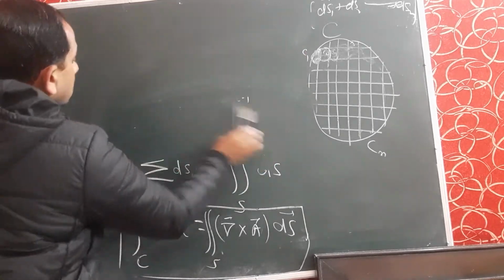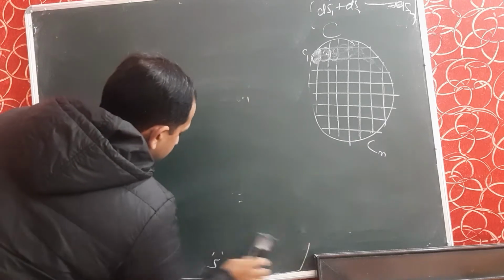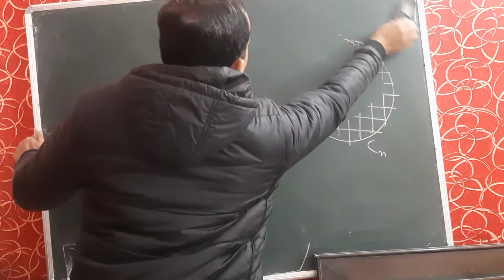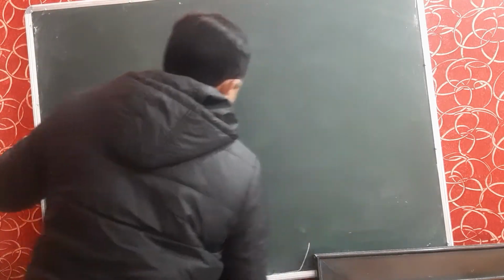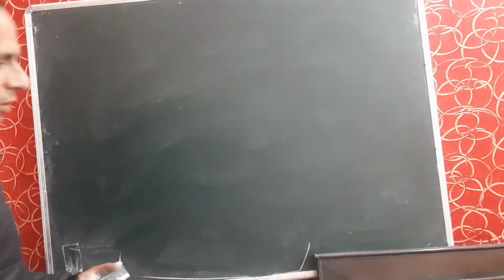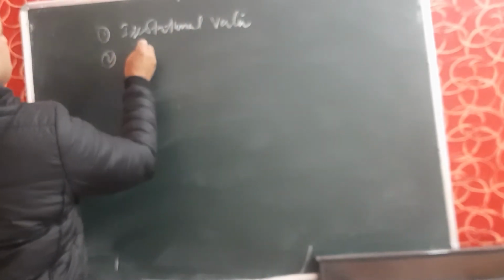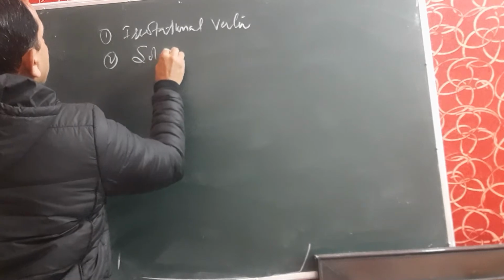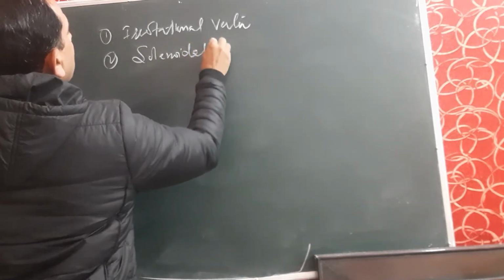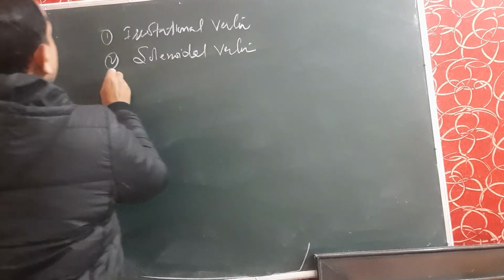Now, the next article is the different conditions we will study: first, irrotational vector. Second one is solenoidal vector.